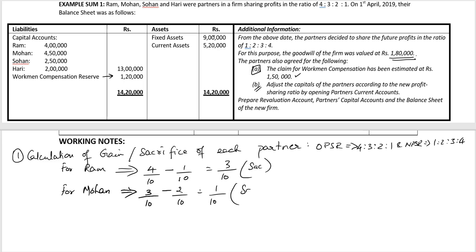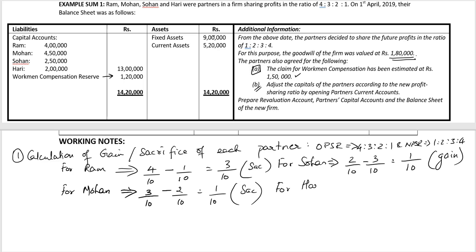It's a sacrifice by Mohan also. For Sohan, 2/10 old share minus 3/10 new share, negative 1/10, gain by Sohan. And for Hari, old share 1/10 minus new share 4/10, negative 3/10. Hari also has gained.